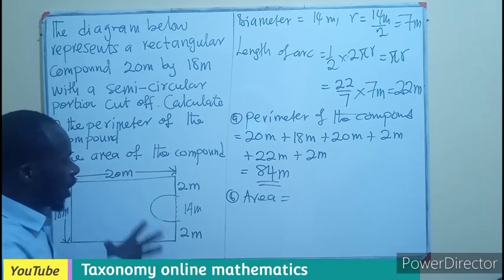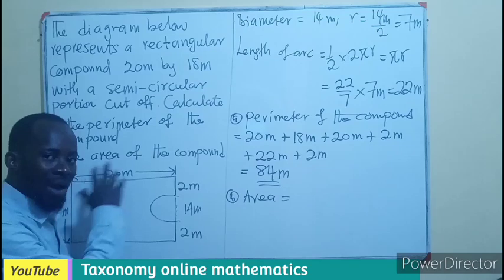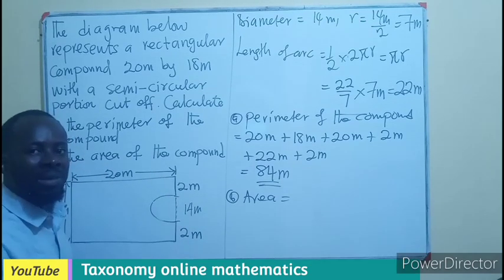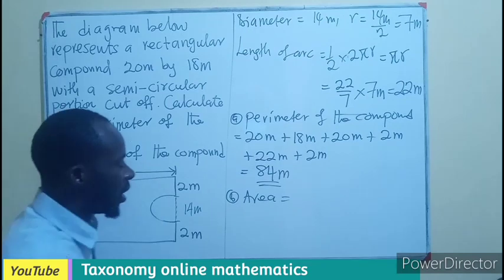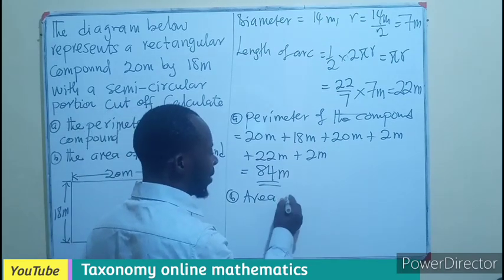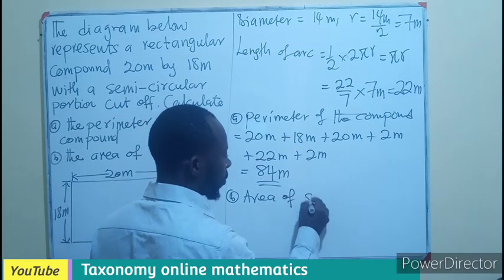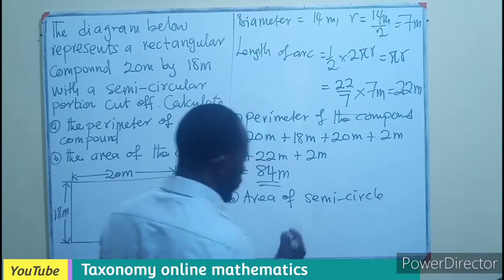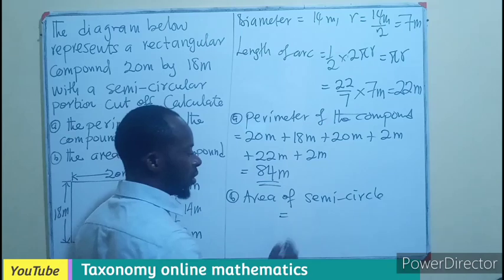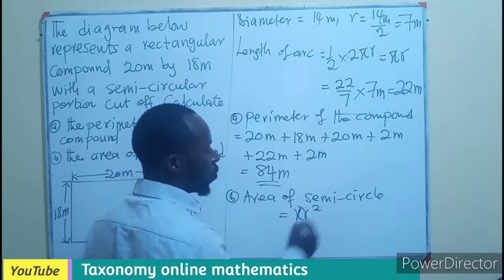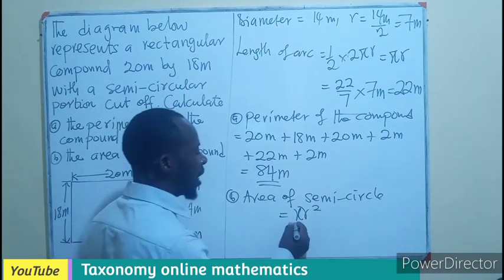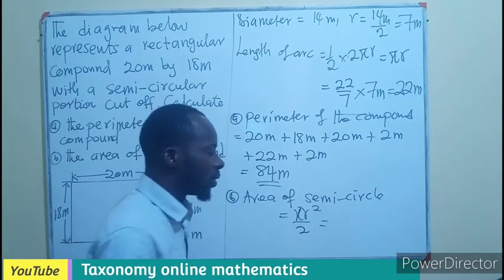But now we find the area of the bigger shape, which is a rectangle, then we take away the semicircle. First of all, let's find the area of the semicircle. We know the area of a circle is pi r squared. But this is a semicircle, so we divide by 2.